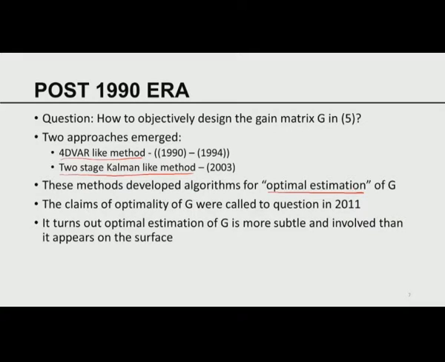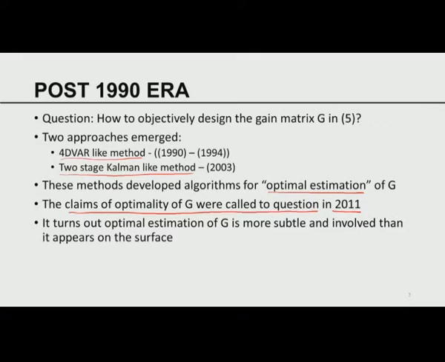So they brought the full force of least square based estimation theory within the framework of 4D-Var, or within the framework of two-stage Kalman like methods. Even though these theories were known, in 2011 it was pointed out that the claims of optimality obtained by these researchers were found to be a little defective.